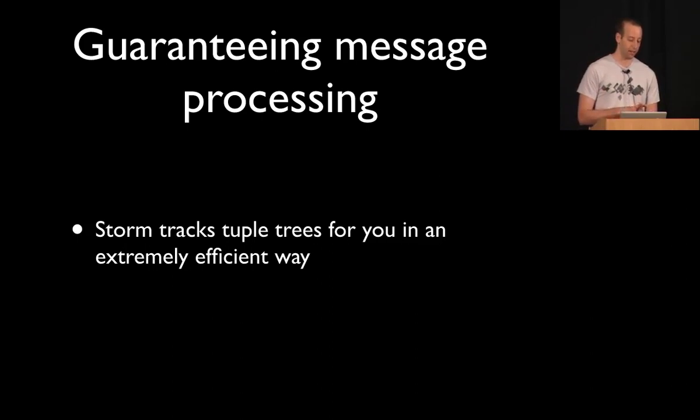Regardless of how big the tuple tree is and how many pending messages there are, Storm only uses a constant amount of space to track the tuple tree. It's about 20 bytes, regardless of the size of the tuple tree. It's a really cool algorithm for doing this. It's documented on the wiki. It's one of the keys to Storm for why we're able to do this efficiently, so that we can get rid of those intermediate message brokers and reduce complexity and make things faster.